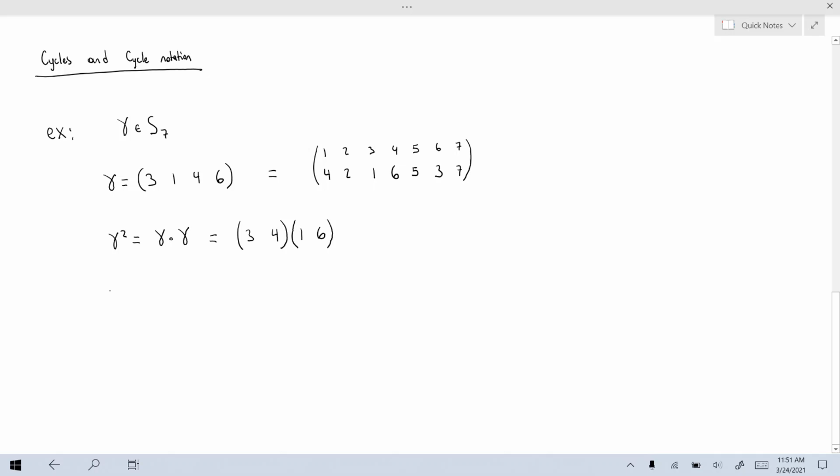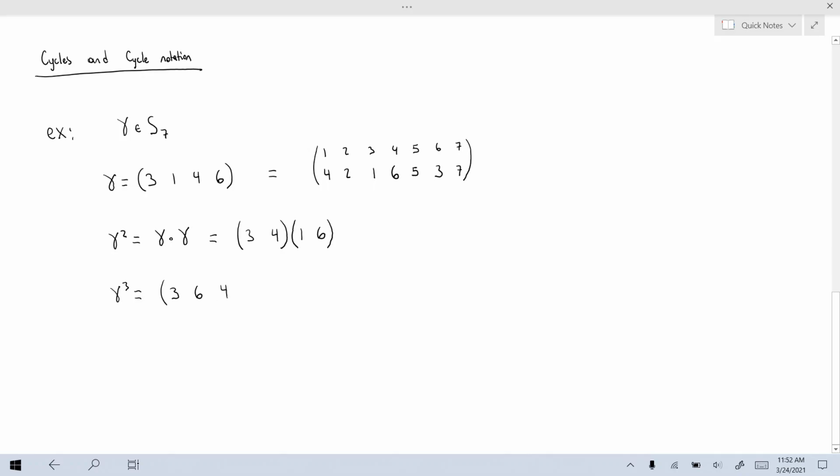All right, so let's do gamma cubed. For gamma squared, we had to move everything over twice. So for gamma cubed, we're going to move everything over 3 times. Gamma cubed of 3 is 6. So what is gamma cubed of 6? 6 will go to 3, then 1, then 4.